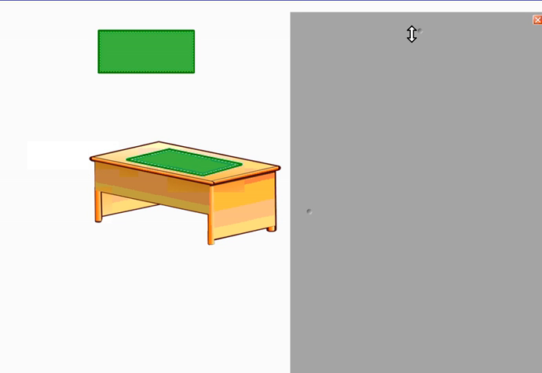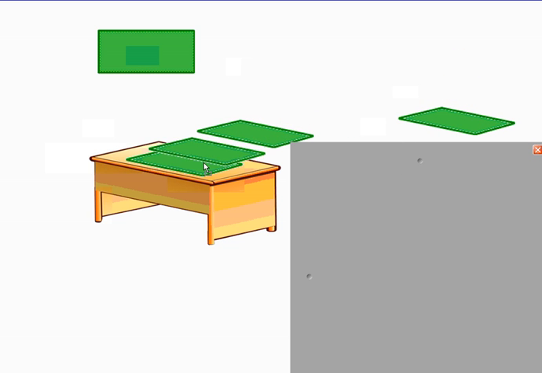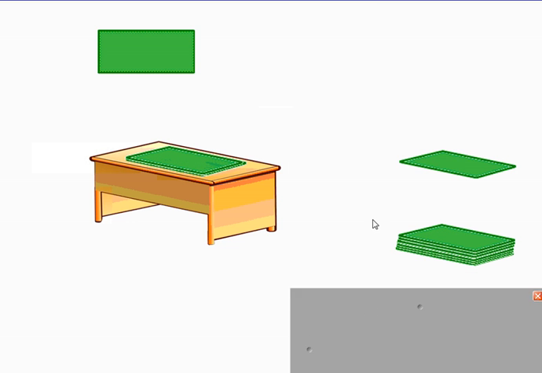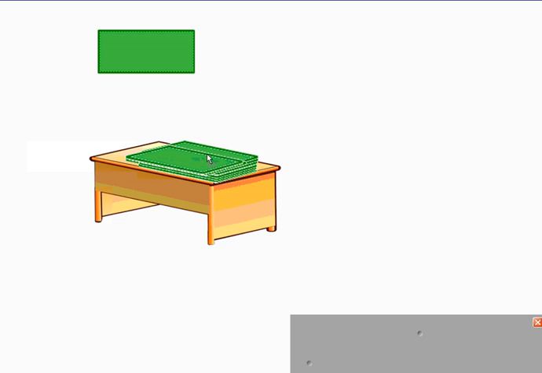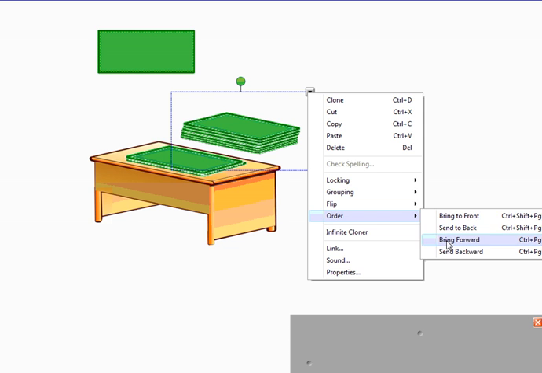Good. And what I'm going to do is I'm going to start to pile identical rectangles on top of each other. So I started with one, and then there's another one, and there's another one, and there's another rectangle. And then here's a pile that I kind of cheated on and made in advance.